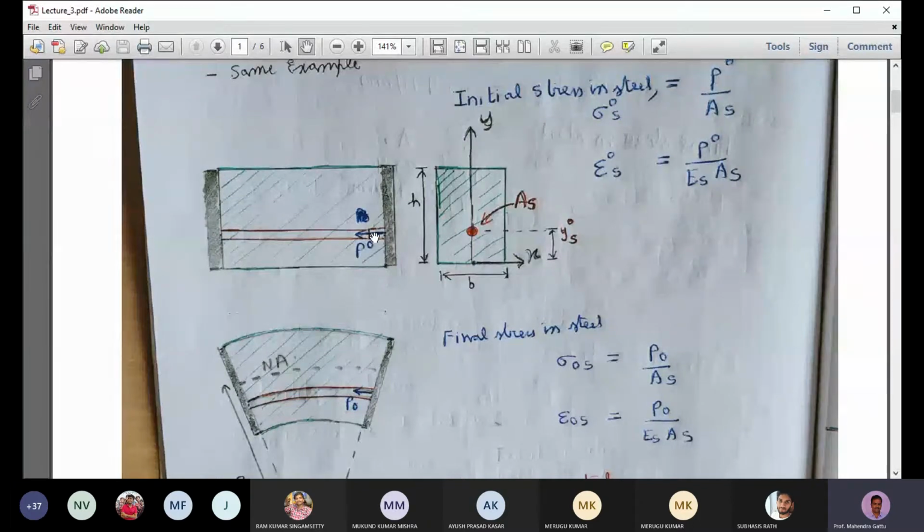These small dashed lines show the extension. Then we pour concrete in the mold, and the concrete will gain strength. Once it gains sufficient strength, we remove the hydraulic jack force which is applied on the tendon.